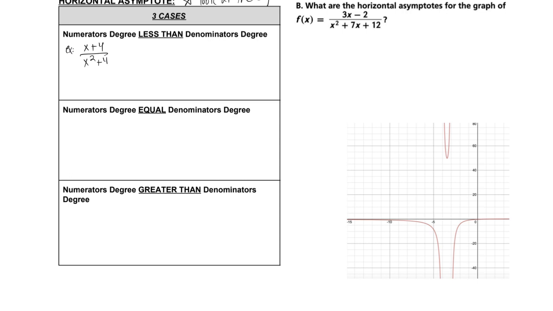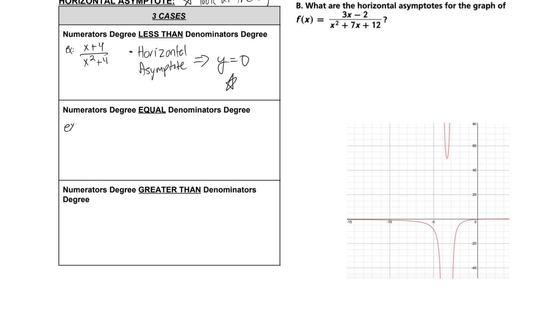As long as the degree is lower in our denominator, our horizontal asymptote always equals 0, right? So it's always y equals 0, for numerator degree less than denominator degree, okay?